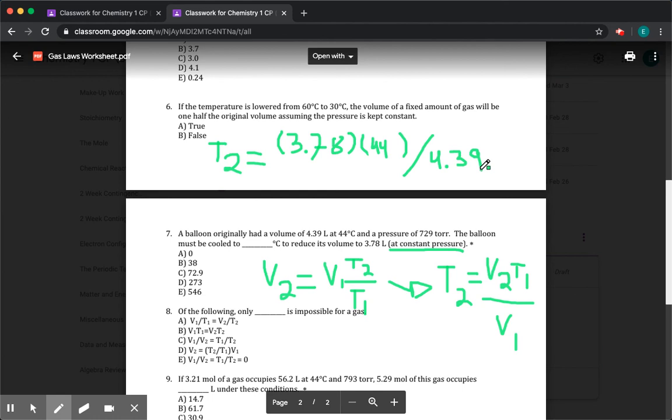And we get 37.88, which rounds off to 38. So in order to get the volume down to 3.78 liters, we need to cool down the temperature to 38 degrees Celsius. So that's another way you can use these laws. If you know what volume you want, you can figure out what temperature you need, assuming the container can expand.